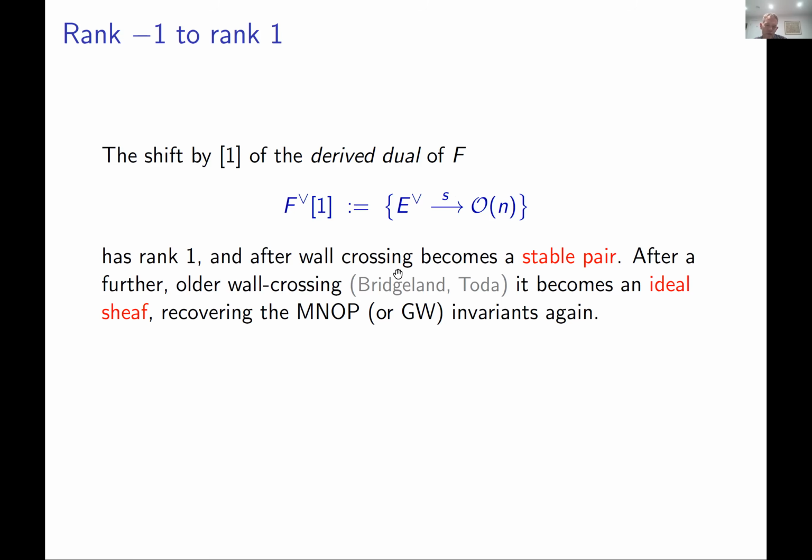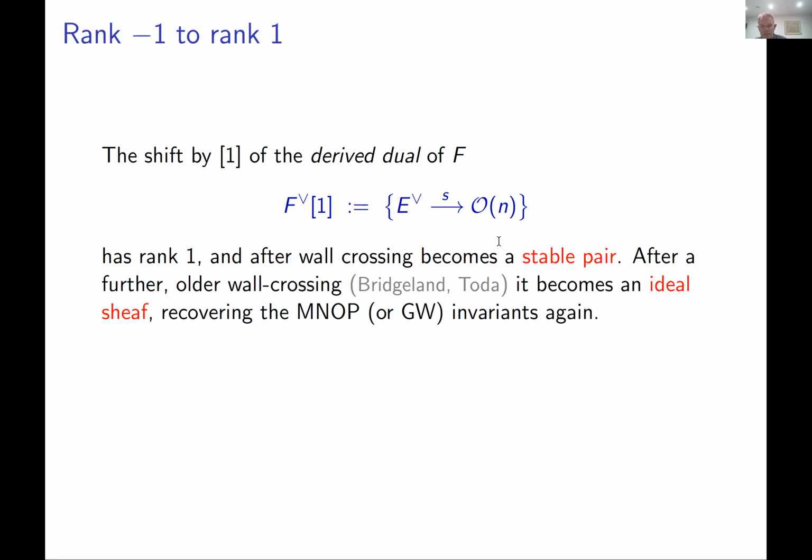And after doing a further wall crossing, you prove they become something called a stable pair. And so after a further wall crossing, due to Bridgeland and Toda, it then becomes an ideal sheaf again. So this is a rank 1 ideal sheaf that we were describing before, which just counts essentially Gromov-Witten invariants. It counts embedded curves in my Calabi-Yau threefold.